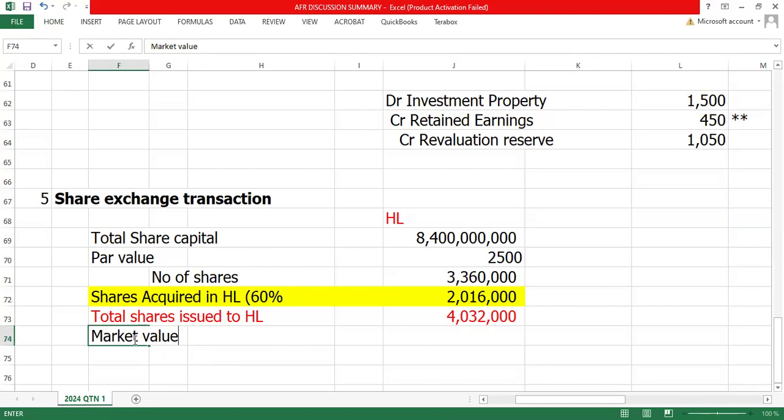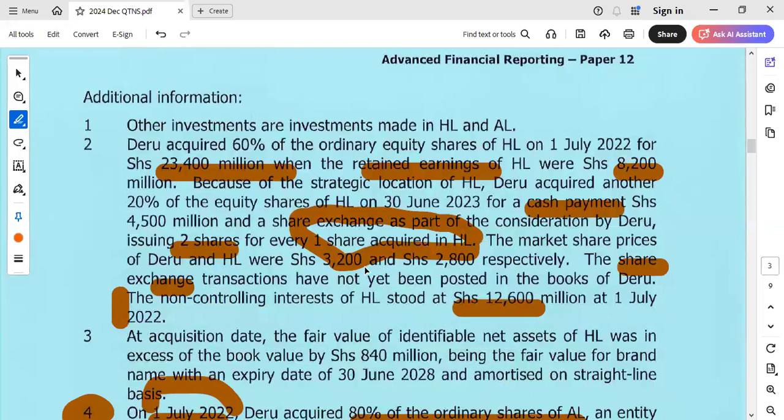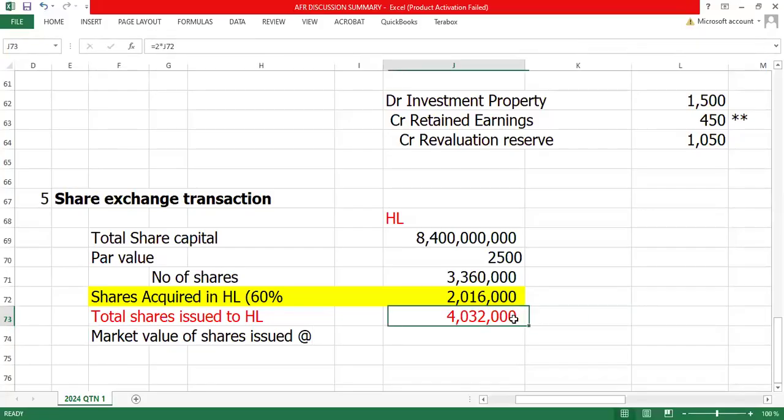As you're looking for the market price, you should know who issued those shares. Is it Deru or HL?